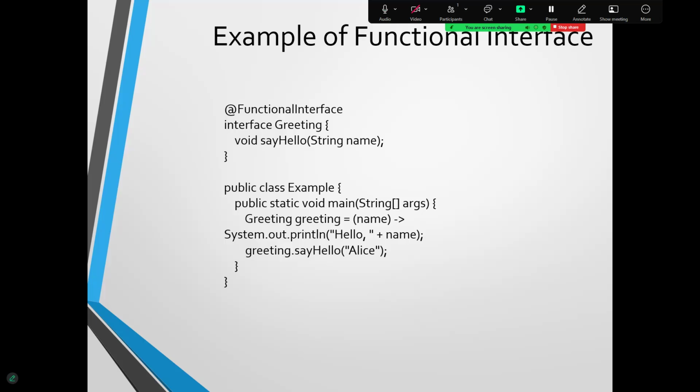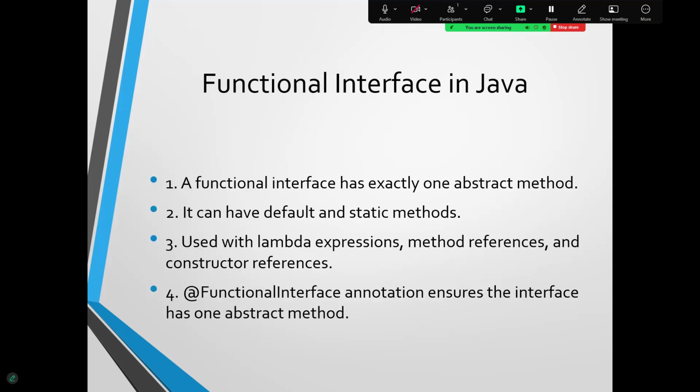The difference is that you use the annotation @FunctionalInterface here and you have only one abstract method. So that is the indication of a functional interface. A functional interface has exactly one abstract method. It can have default and static methods. And this is the start of Lambda expressions.